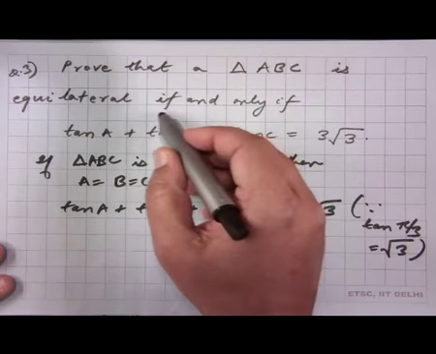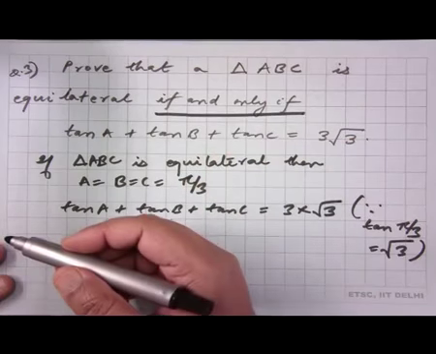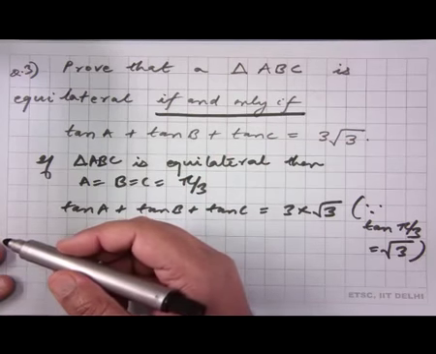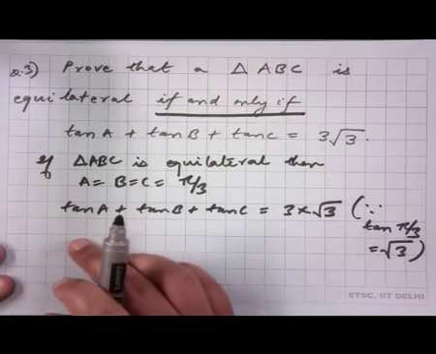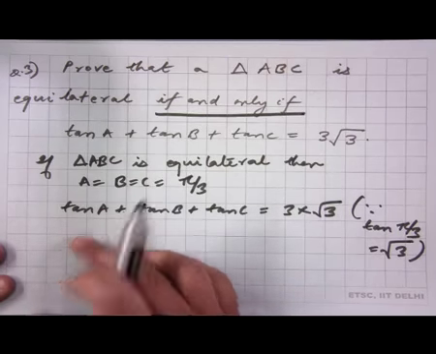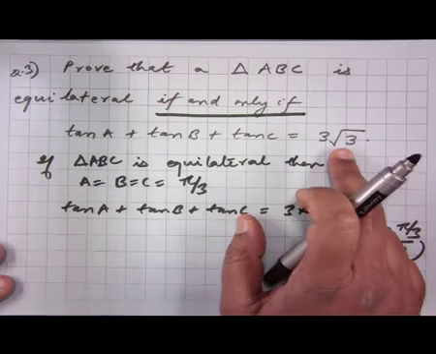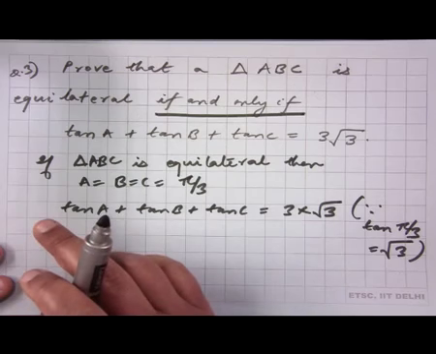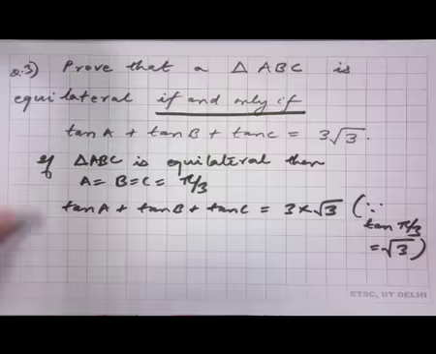But because we are asked to show if and only if, we have to also prove the converse. So, the converse is that if we have a triangle ABC, and if it so holds that this equation is true, then we have to prove that A, B and C are all equal to 60 degree. So, that is what we are going to do next.